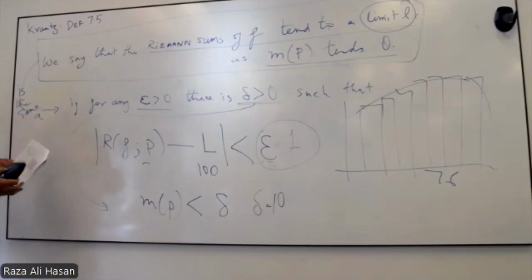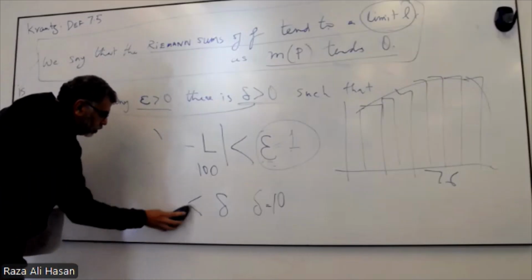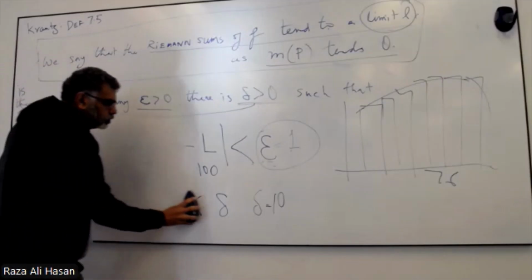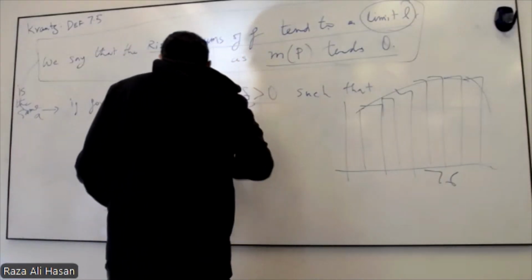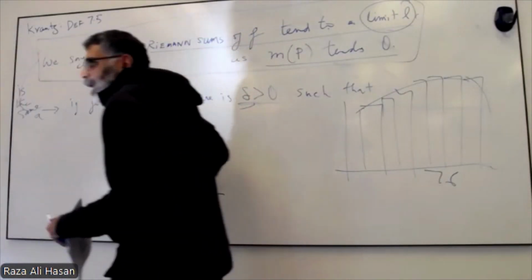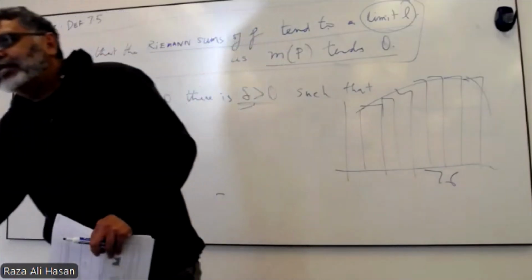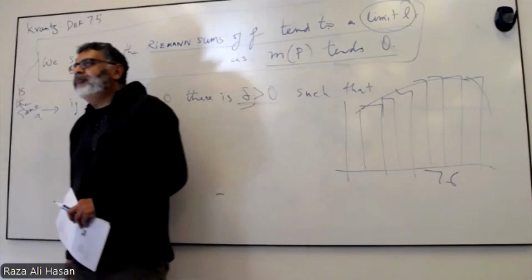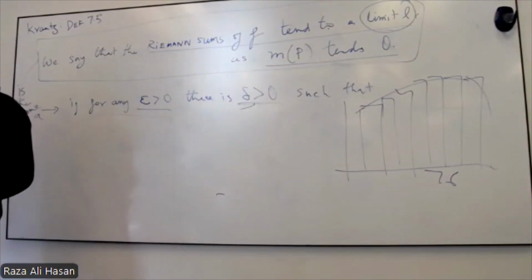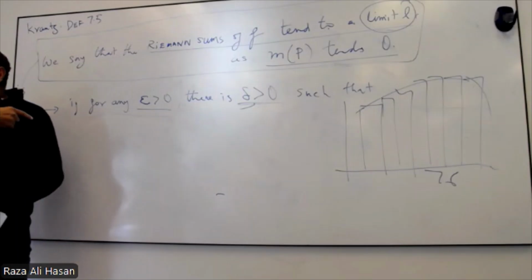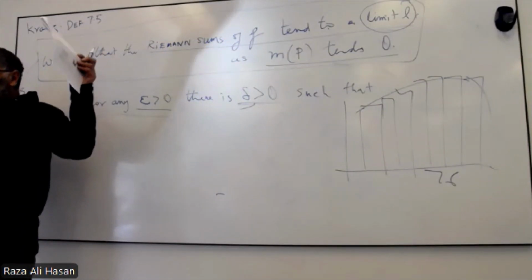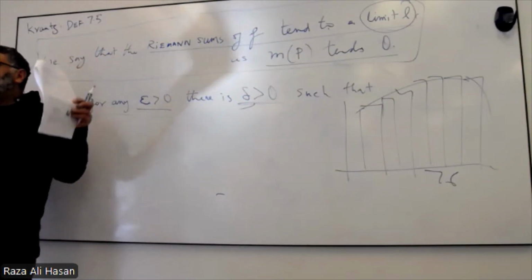Let's see. All right, so rewrite this thing here. So what do we actually have? We have the Riemann sum. Then we also have the actual limit, because we have assumed the function actually has a limit, and that limit of the Riemann sums is the actual integral, the actual exact area.